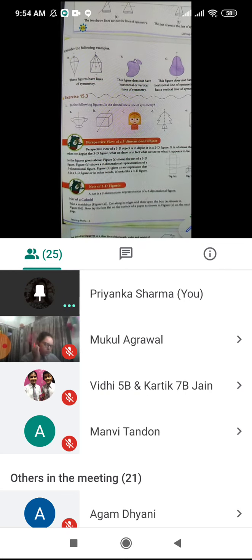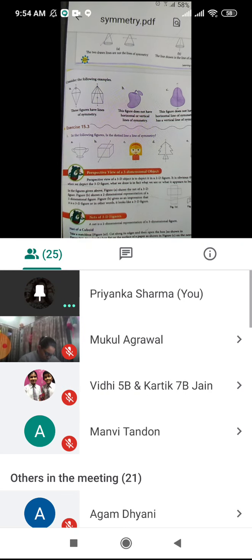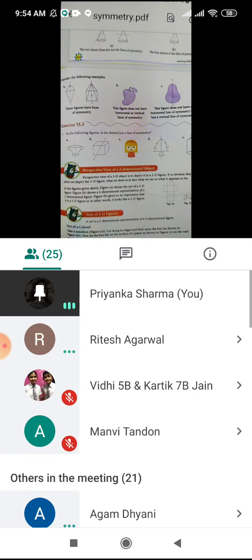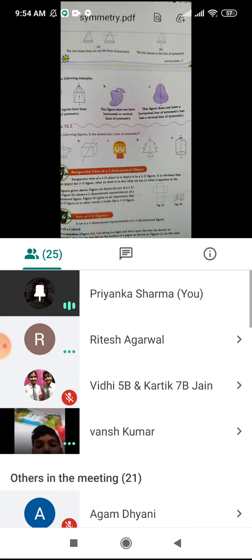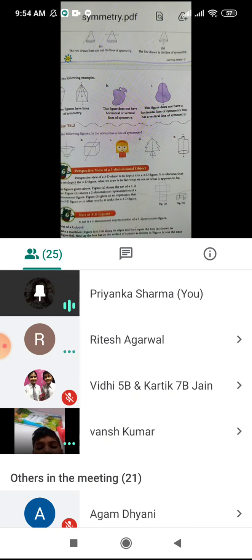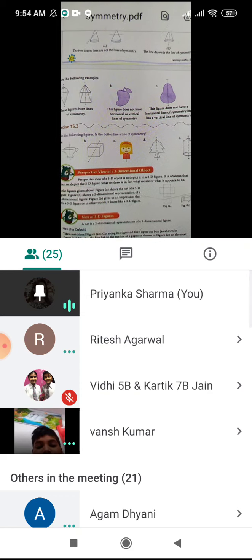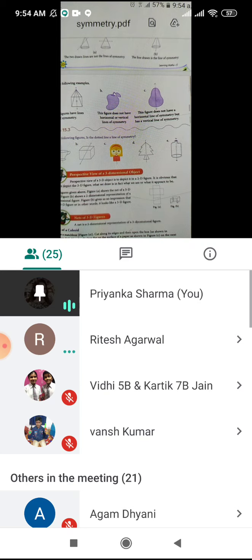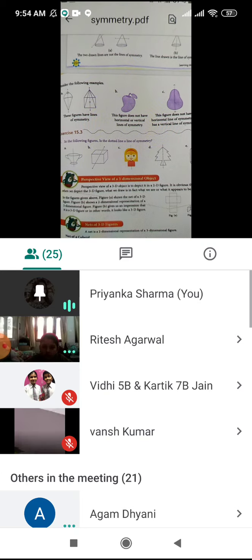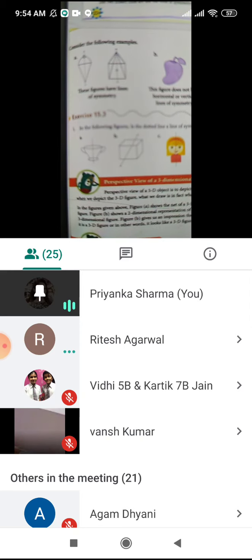Opened? Now see. Question number 1 is saying, in the following figures, is the dotted line a line of symmetry? Now, I told you what a line of symmetry is. A line of symmetry is a line which divides any figure into two equal parts, or it gives the mirror image. Now see in these images, in the first image, a cup, a trophy is there.